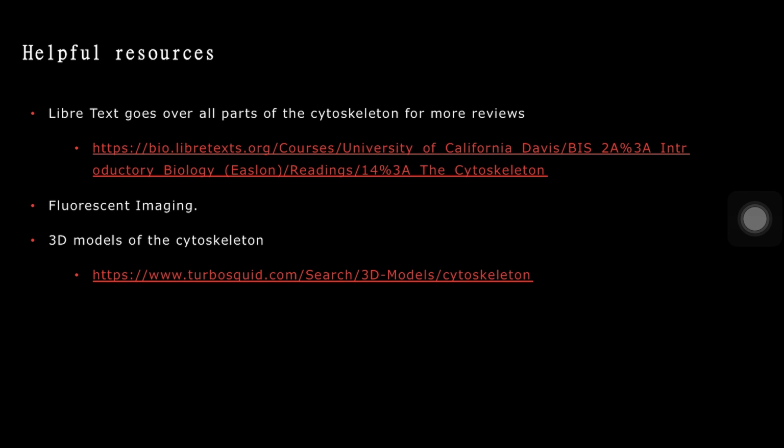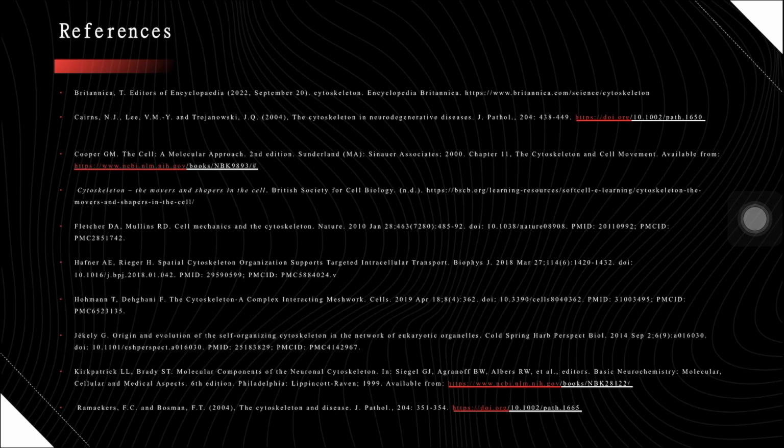But if you could find one that's more realistic with the cytoskeleton, it will give you a better understanding of the pathways that the cytoskeleton has from the membrane to the nucleus to the mitochondria to other vesicles in the cell.